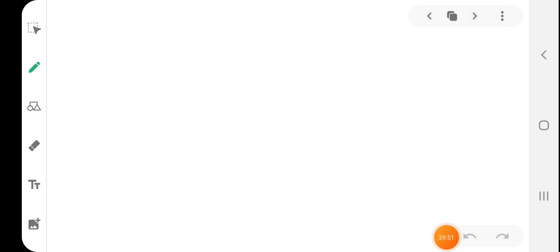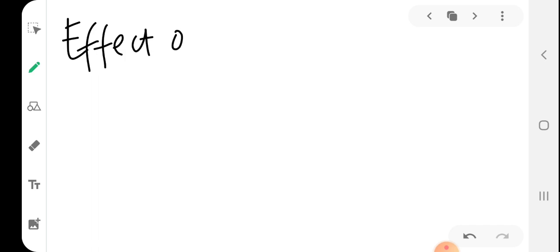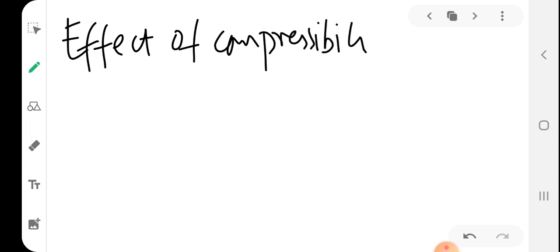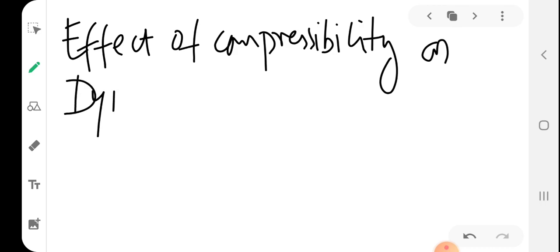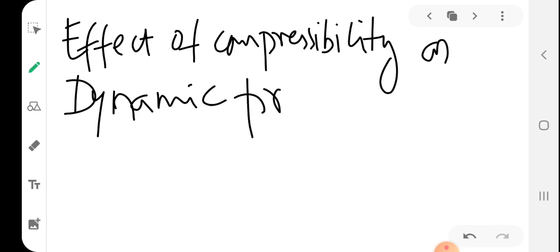Students, now we are going to learn another topic called effect of compressibility on dynamic pressure. Before that, what do you mean by compressibility?